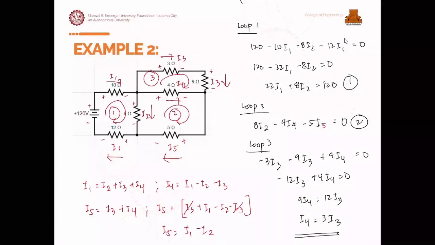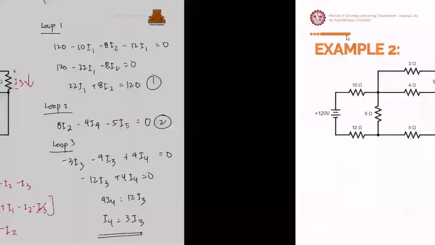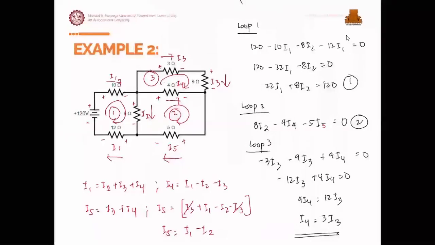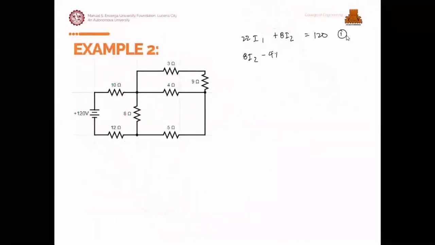Second equation is, okay. So, yung sa loop, sa equation number 2 natin is, again, 8I2 minus 4I4 plus minus 5I5.